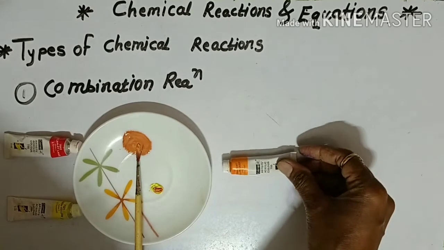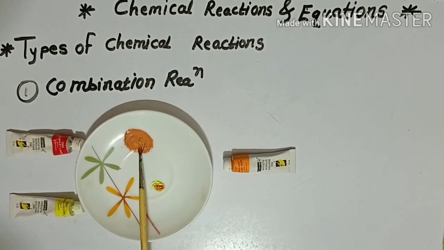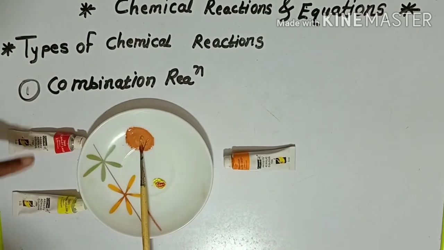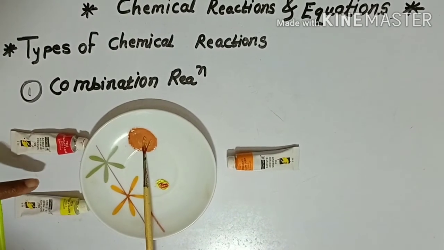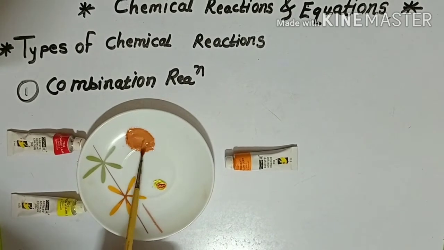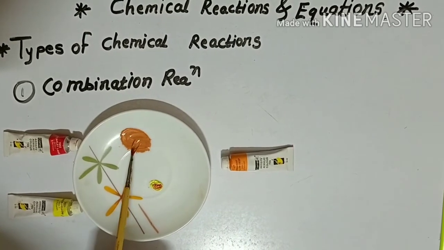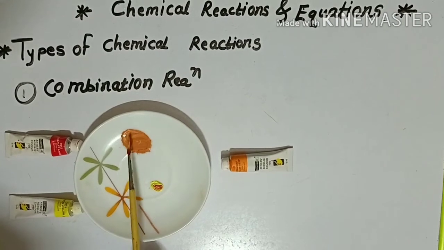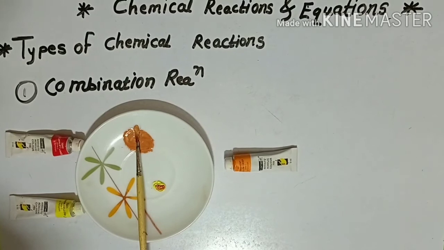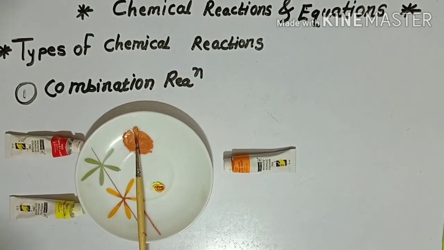From red and yellow, when we combine both colors, there is a formation of another color which is a little bit orange. So when we combine two reactants, there is a formation of one product.